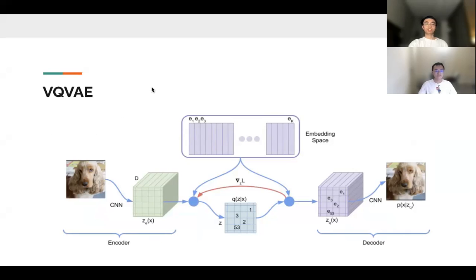Unlike the original variational autoencoder, it doesn't try to optimize some distribution parameters like a Gaussian mixture, but it actually uses fixed length embeddings. So in practice, we will extract the image features, try to find the nearest neighbor among those embeddings and map it to create a vector quantized feature. Then finally, we will use a decoder to reconstruct the image.